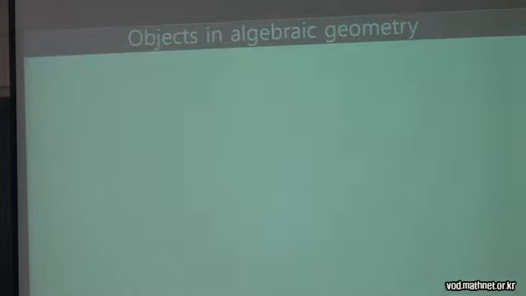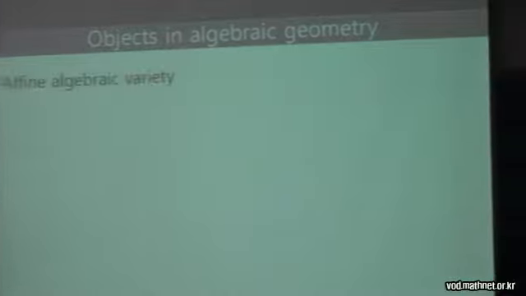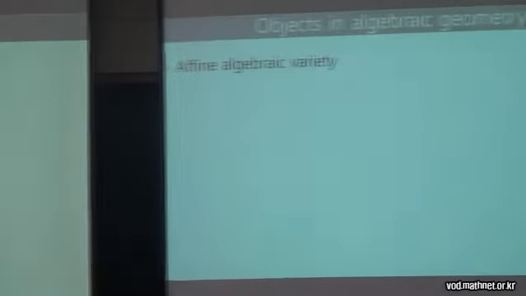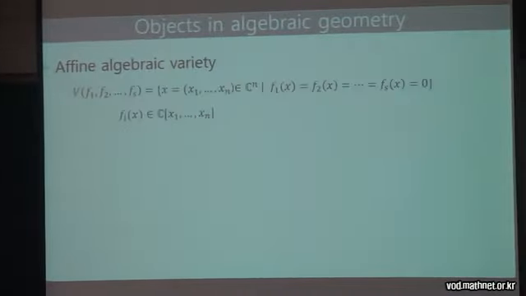Since there are non-algebraic geometers, let me spend 3 minutes talking about objects in algebraic geometry. So algebraic varieties are just the common zeros of some polynomials.